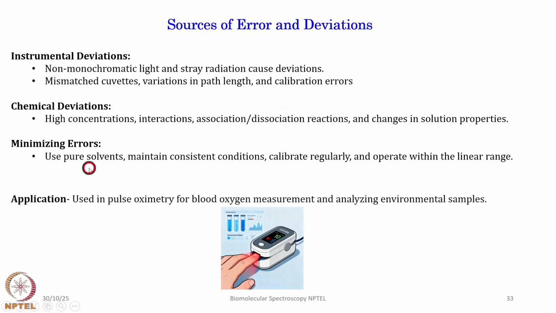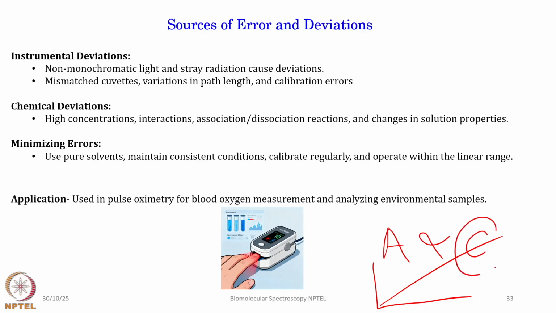Now, some artifacts can be introduced because of chemical deviation. So, remember what we had discussed: A is proportional to C and then we have a linear curve, but if the concentration is high, there is a possibility that molecular interaction, association, dissociation or reaction can happen, and that will change the property of the solution.